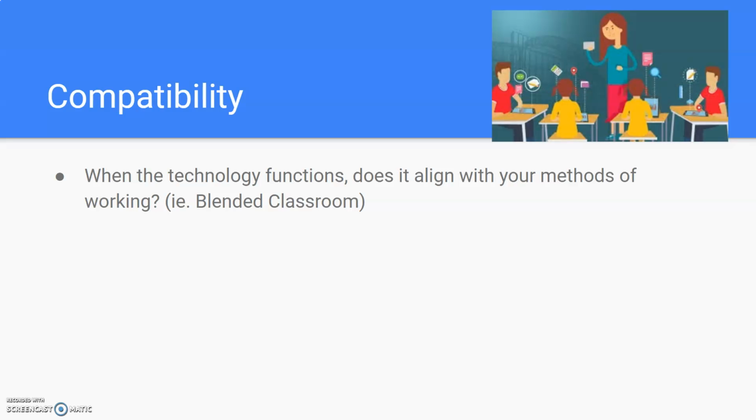So, for example, with Pear Deck, in terms of implementation, you really need a blended classroom environment for it to be effective in increasing student engagement, because students need to be able to be facing the screen when they're interacting and giving their answers on Pear Deck.